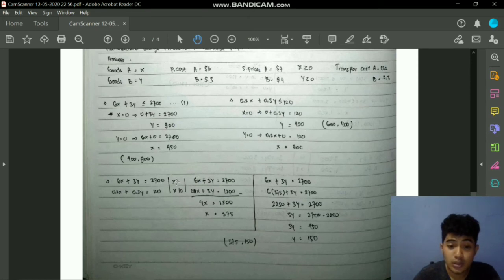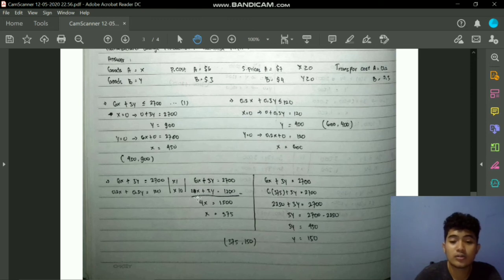We make one of the coefficients the same, either x or y, so we get 6x plus 3y equals 2700, and 2x plus 3y equals 1200.